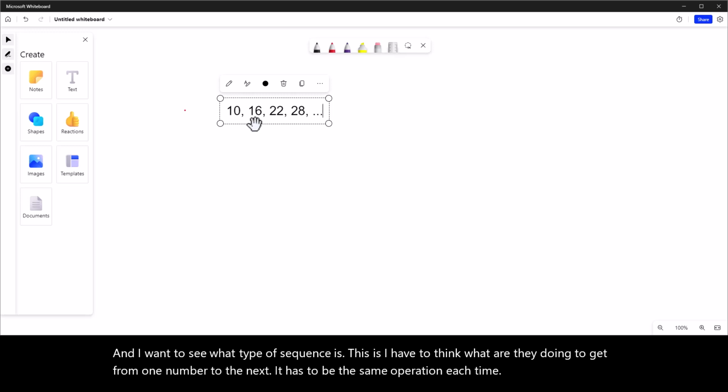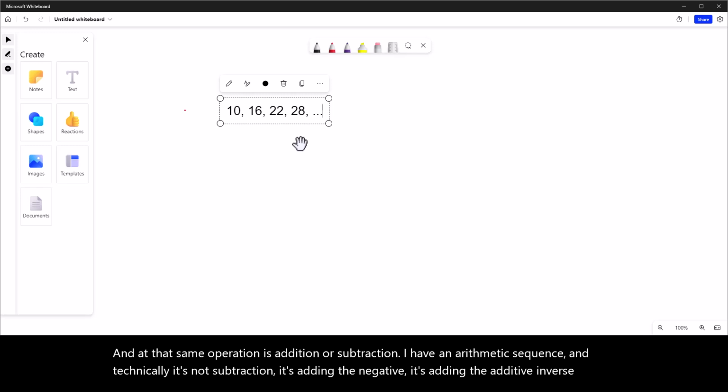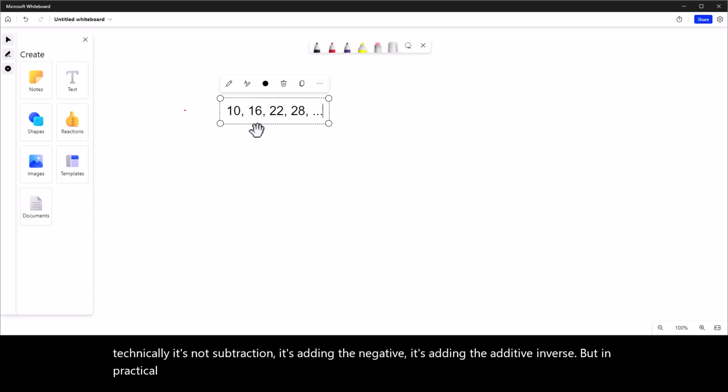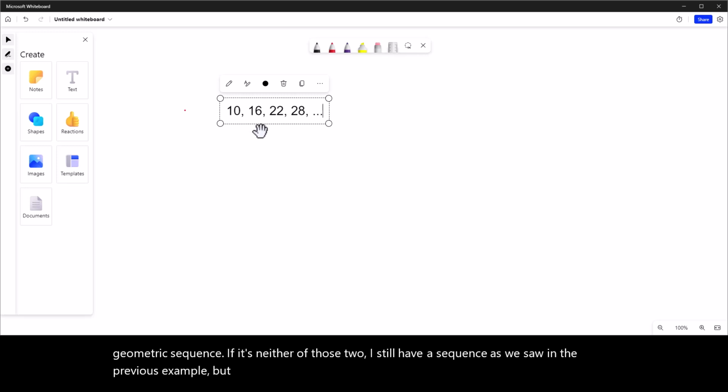And if that same operation is addition or subtraction, I have an arithmetic sequence. And technically it's not subtraction, it's adding the negative, it's adding the additive inverse. But for practical purposes, addition or subtraction. If it's multiplication or division, then I have a geometric sequence. If it's neither of those two, I still have a sequence, as we saw in the previous example, but it's not arithmetic or geometric. So here, to get from 10 to 16, what can I do?